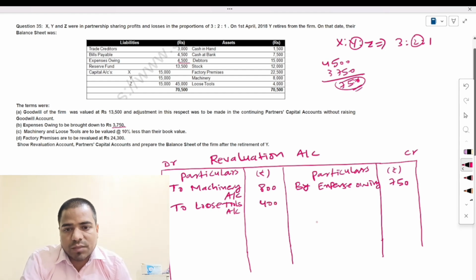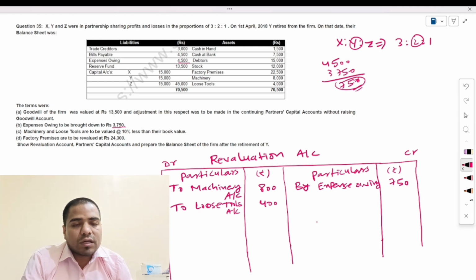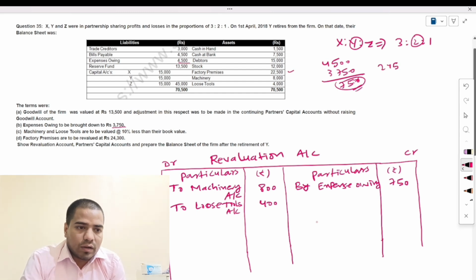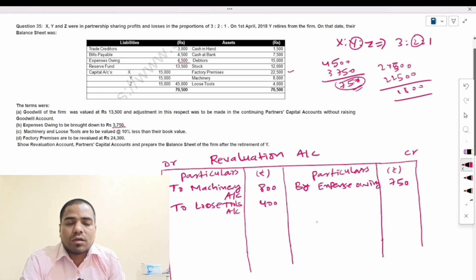And at last, factory premises are to be revalued at 24,300. The value of factory was how much? 22,500. Now the new value is 24,300. How much is the value increasing here? 1,800 is the increase in the value of factory premises.